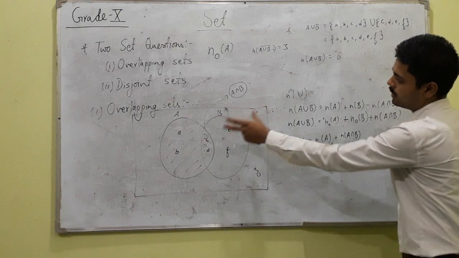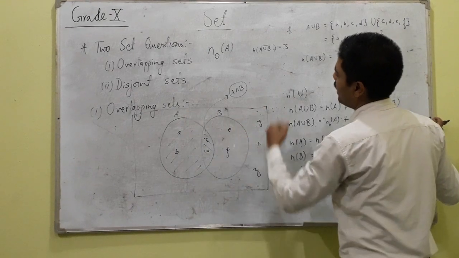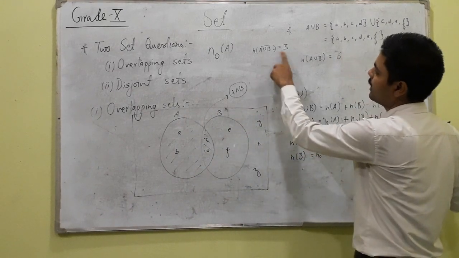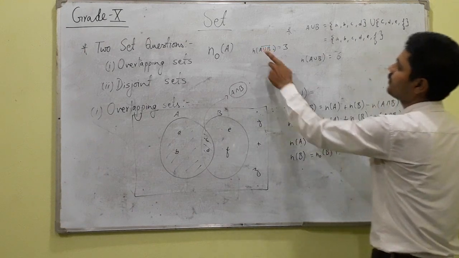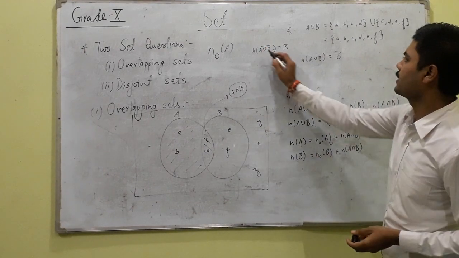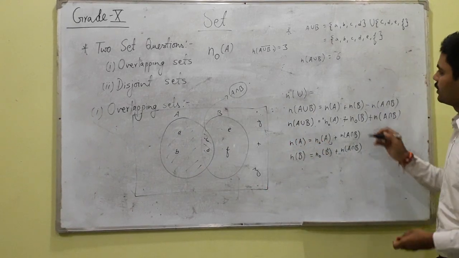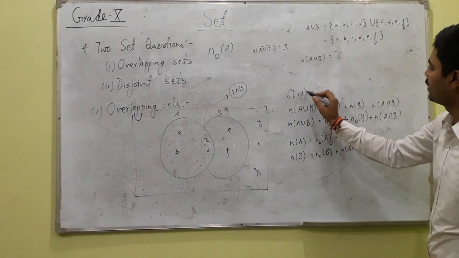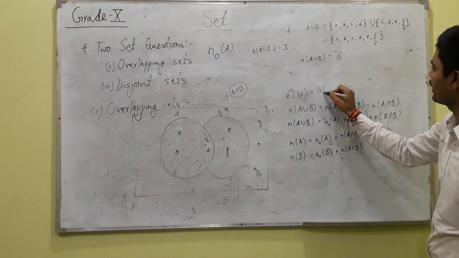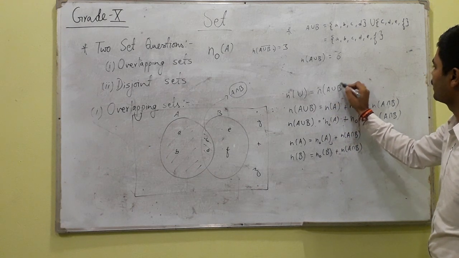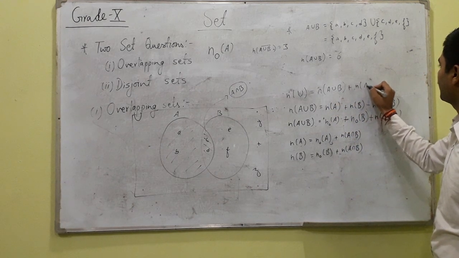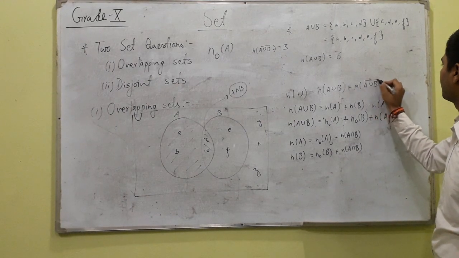So the outer elements except A and B are called complement elements of A and B. If you write complement, it means except that element. So the number of the whole universal set you can write as A union B plus A union B complement.